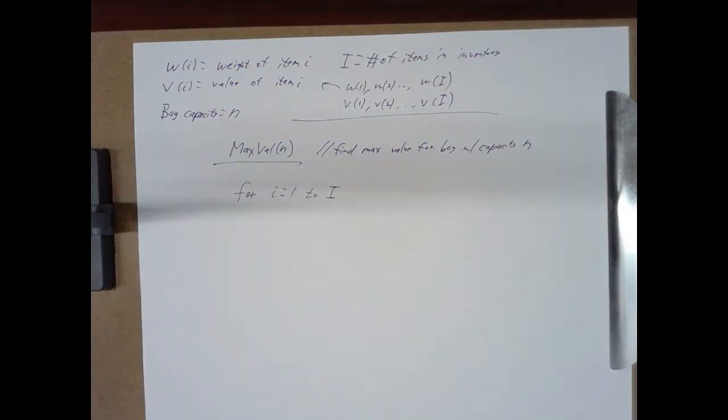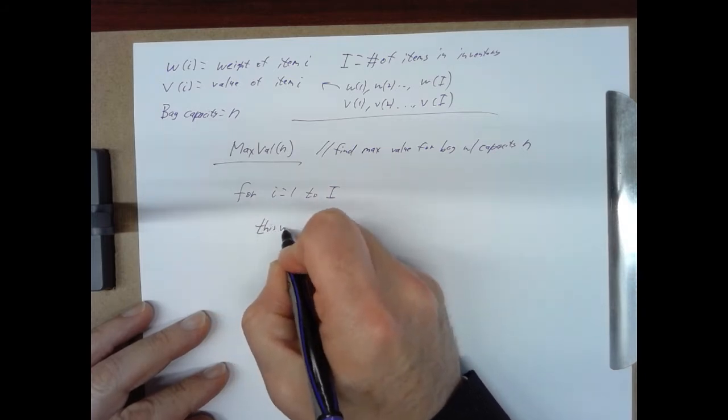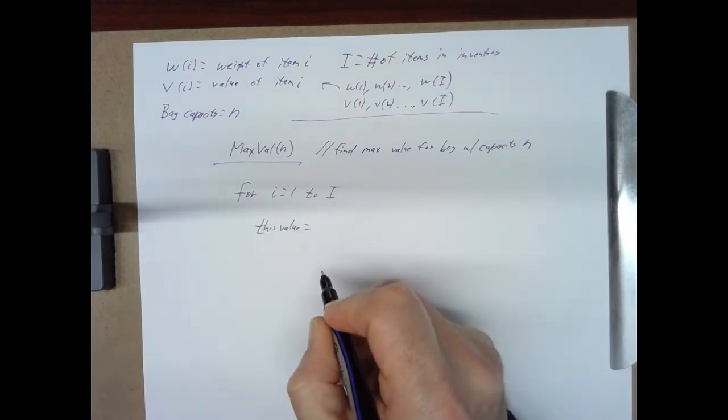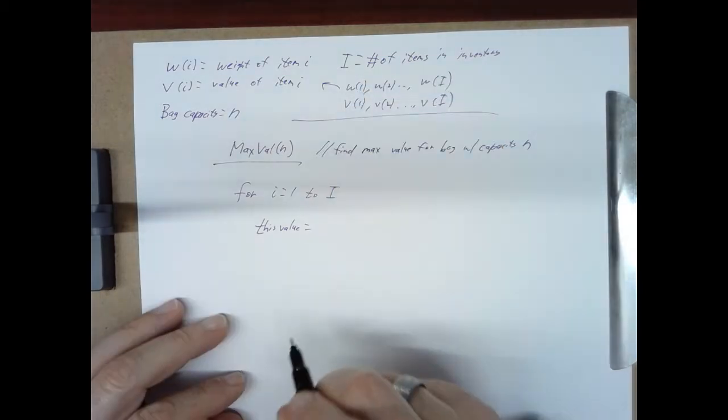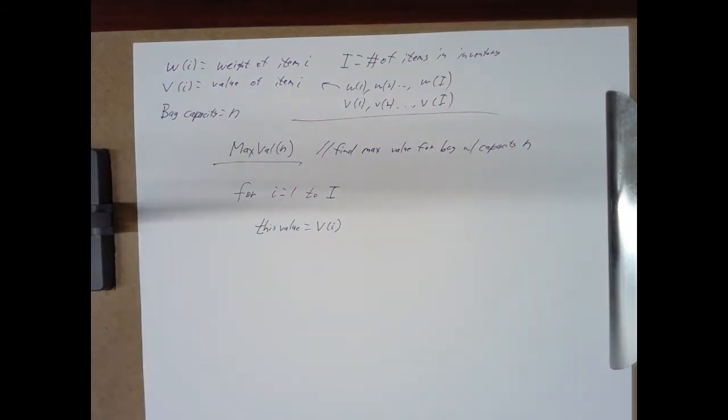So for each possible item in our inventory, if we were to put item i into our bag, what do we do? Well, we've got item i in our bag. It's worth V sub i. So we have at least this much value in our bag now, the value of that item that we just put in. But that item weighs something, and however much it weighs, that diminishes the capacity of our bag.